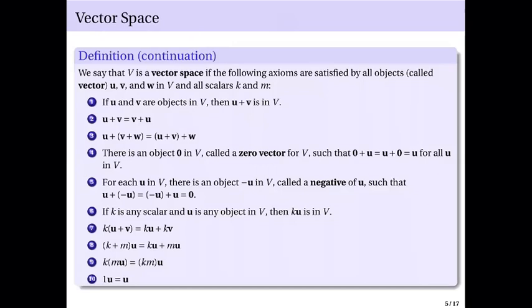So at least one of them is not satisfied. So you can verify the other axioms.